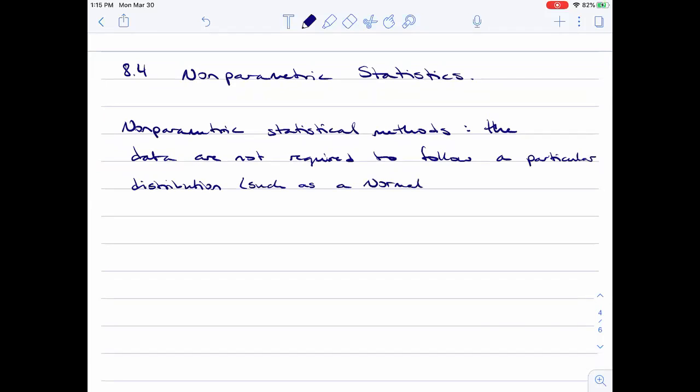We've assumed that we've got this normal distribution, and so that's part of the assumptions that we check.